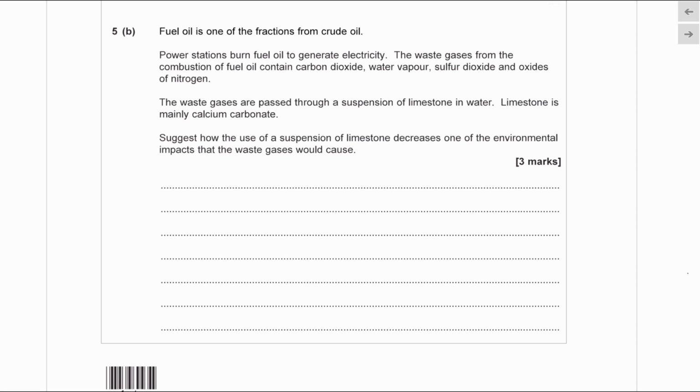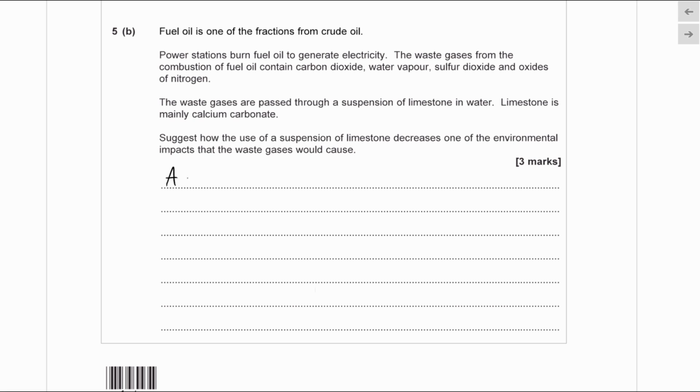Suggest how the use of a suspension of limestone decreases one of the environmental impacts that the waste gases would cause. Alright, and so there are 2 answers to this, because limestone in water will actually make an alkaline solution. Alright, and that is obviously going to counteract some of the pollutants from burning fuel oil. So let's use that one.